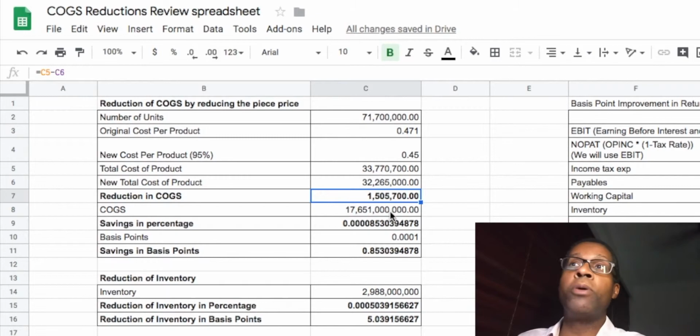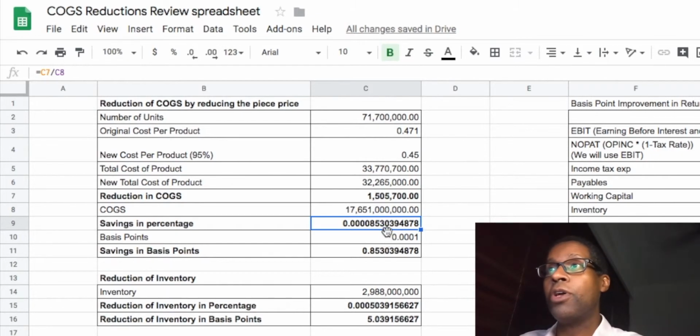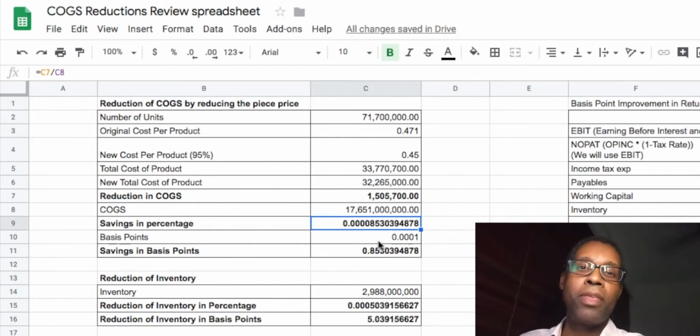We're going to take a small number, 1.5 million, and put it into a big one. So we get a savings in percentage, which is really small, 0.00085, etc. And now here is where we introduce the wonderful term called basis points.